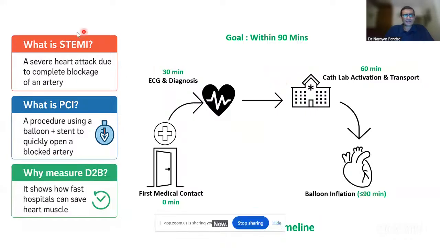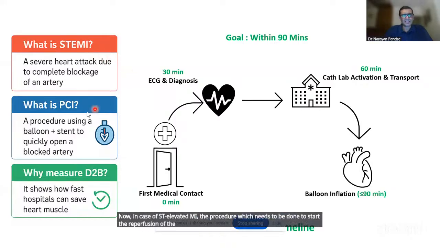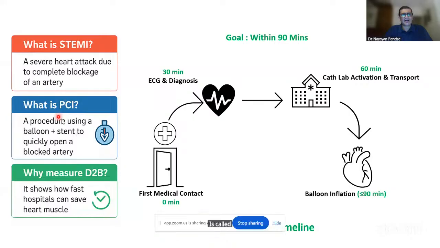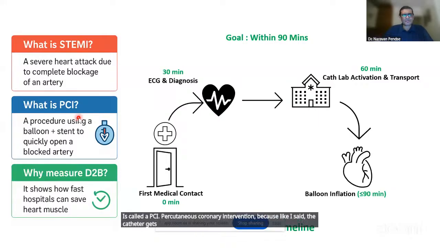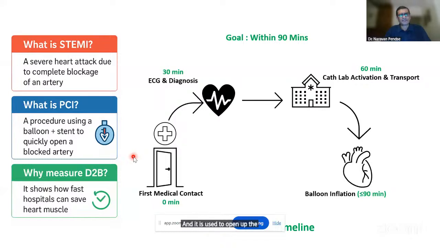Now, in case of ST elevated MI, the procedure which needs to be done to start the reperfusion of the artery is called PCI, percutaneous coronary intervention, because like I said, the catheter gets introduced from the femoral or the radial artery, and it is used to open up the blocked artery very quickly.